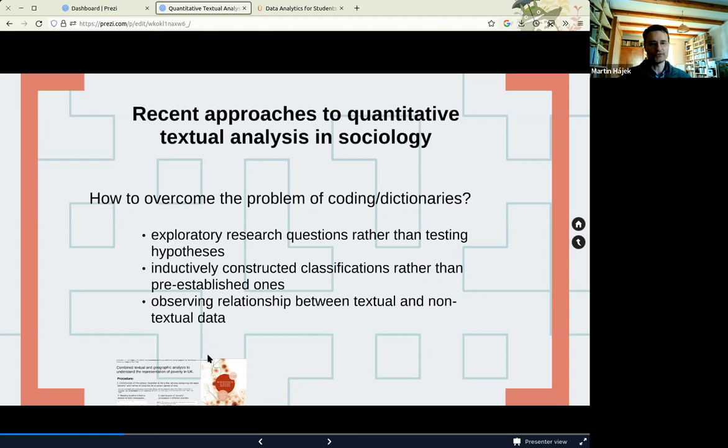When the number of infected people is rising, is it reflected in a rise in the number of newspaper articles or not? Perhaps for different periods. So no coding, just counting the word coronavirus or corona, etc.